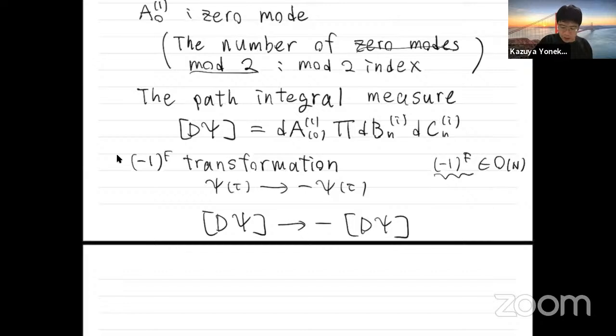And the reason is that these non-zero modes appear in pairs, so the signs cancel among them. They don't contribute. But here there is a single zero mode. So from this zero mode, by performing this transformation, we get a minus sign here.